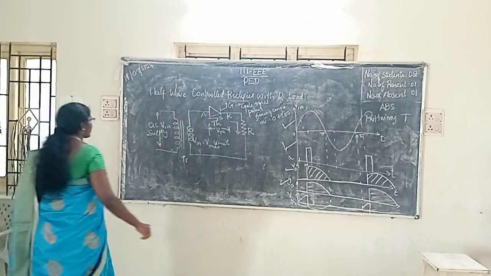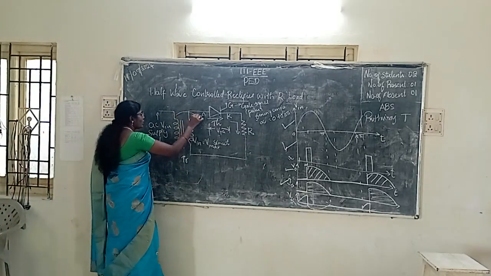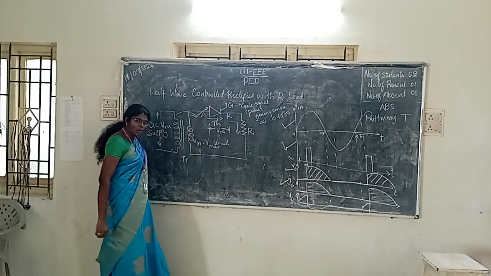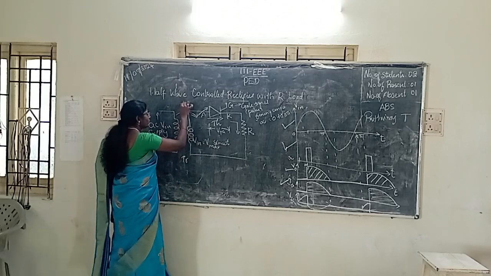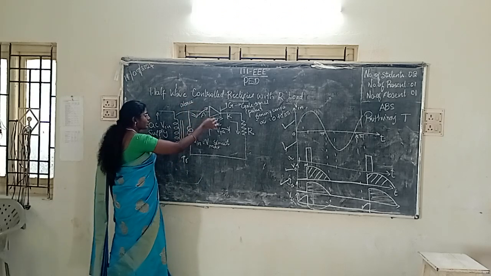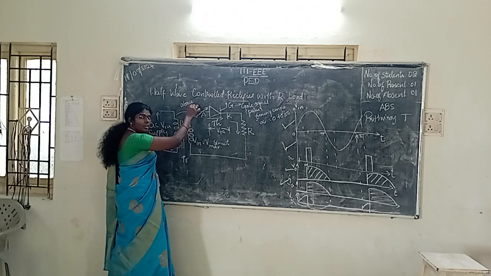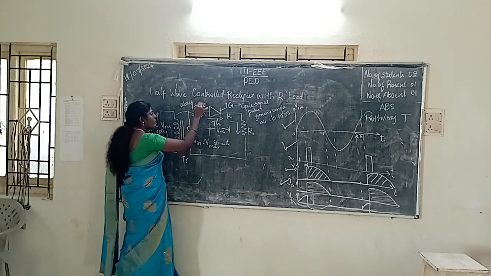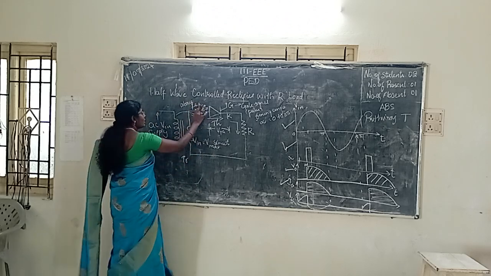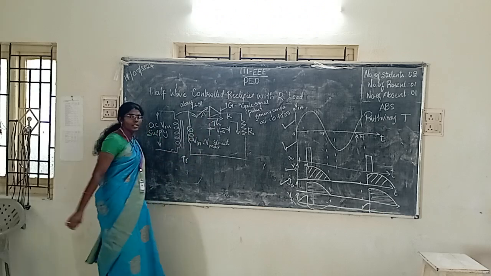So the voltage which we are giving from the transformer to the thyristor should not be greater than the thyristor's forward and reverse blocking voltage rating.